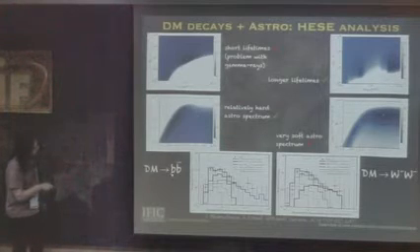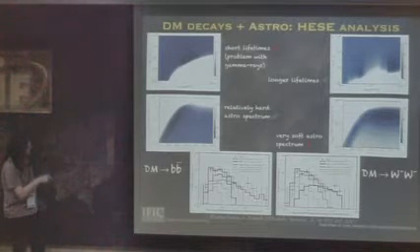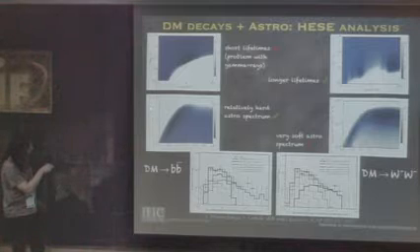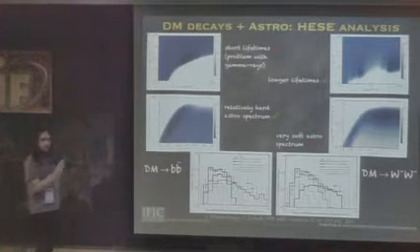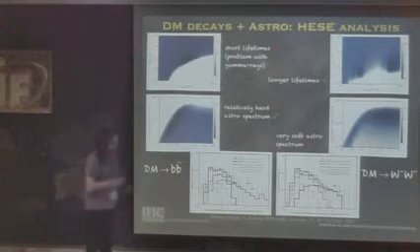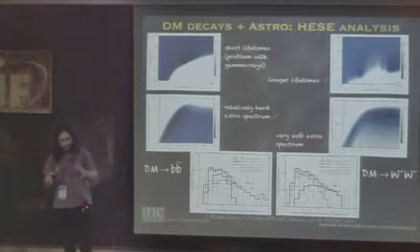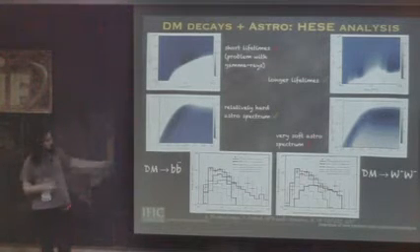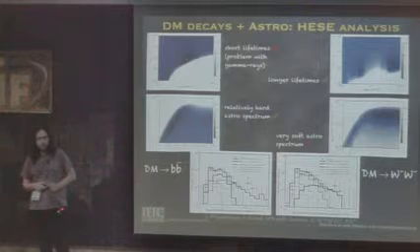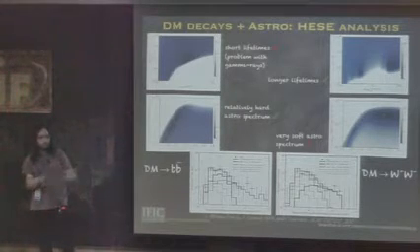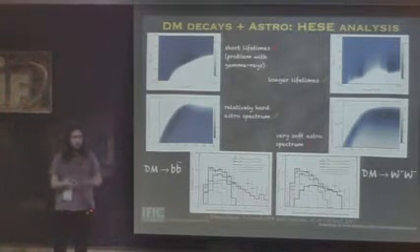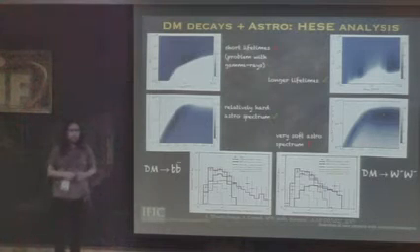The good thing about this kind of channel is shown in this plot, which shows the normalization of the astrophysical flux. In this fit, what we are doing is assuming there is a dark matter contribution coming from dark matter decaying into these channels, plus an astrophysical contribution which we model as a power law flux.